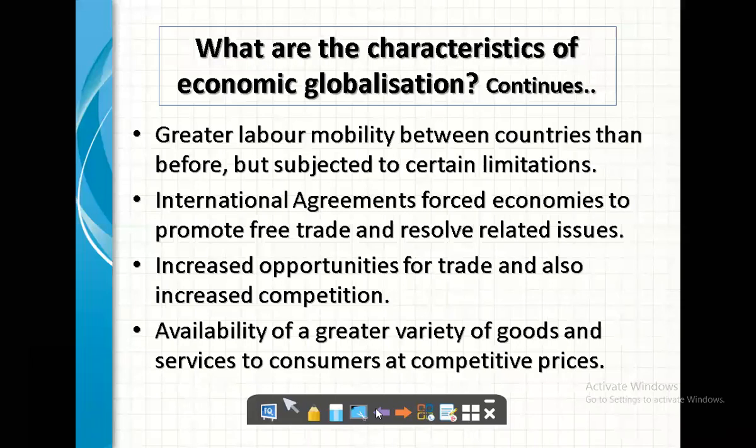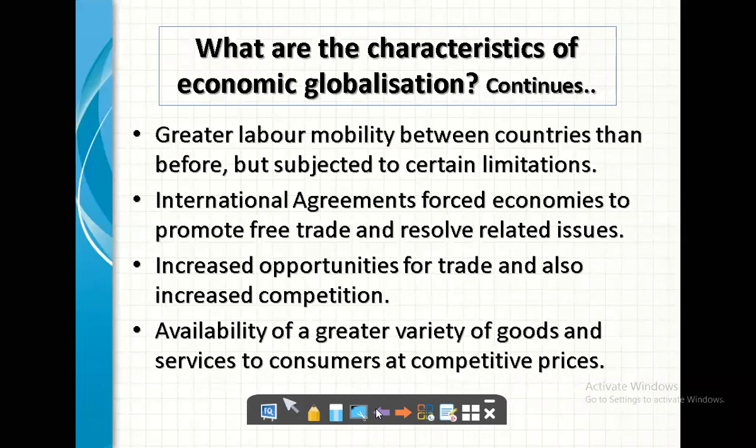Okay, so can we continue? Yes. You have 30 more minutes, miss. We'll continue with characteristics of economic globalization. So greater labor mobility between countries than before, but subjected to certain limits.